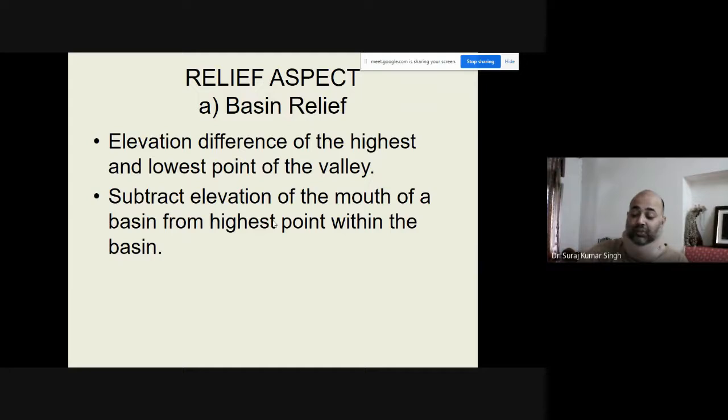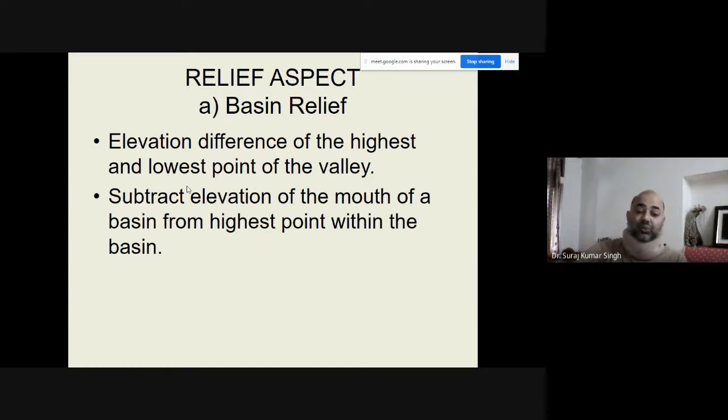The best resolution available is 1 meter from Cartosat, and 30 to 90 meters for SRTM DEM or ASTER GDEM, that is Global Digital Elevation Model, with a spatial resolution of 30 meters. Using those digital elevation models, you can easily calculate the difference in elevation from the highest point to the lowest point in the valley.